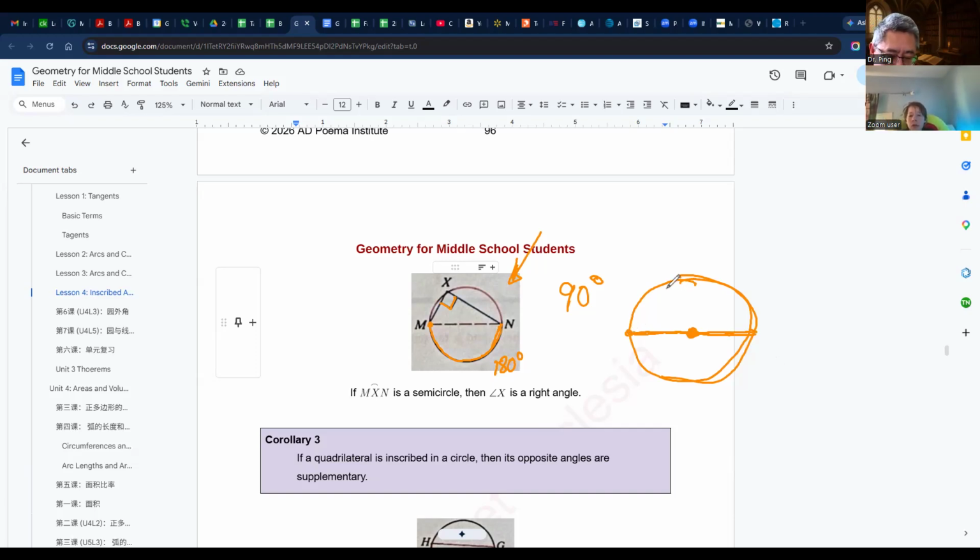That's the diameter, and then you draw an inscribed triangle. It doesn't matter where you are. If you do it here, that's 90 degrees. If you do it here, also 90 degrees. And if you do it here, also 90 degrees. No matter where you are, the triangle you make is a right triangle. Good?